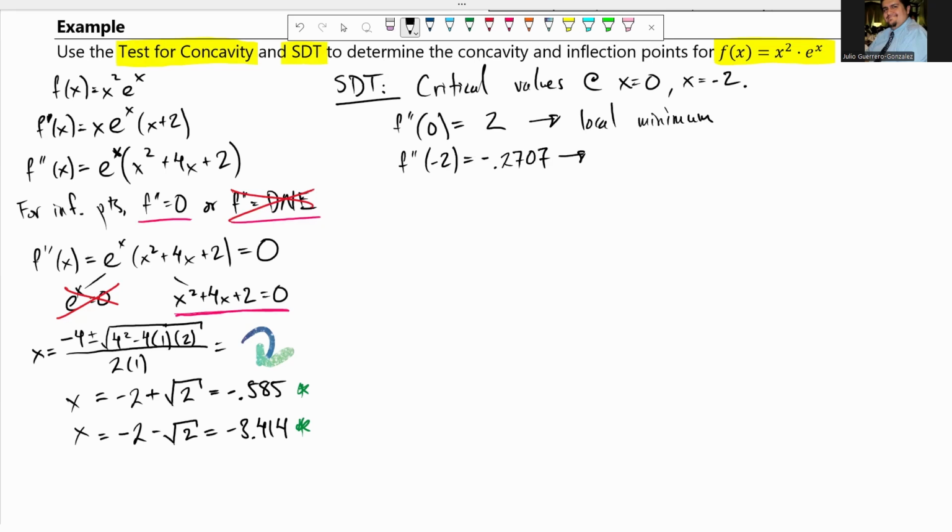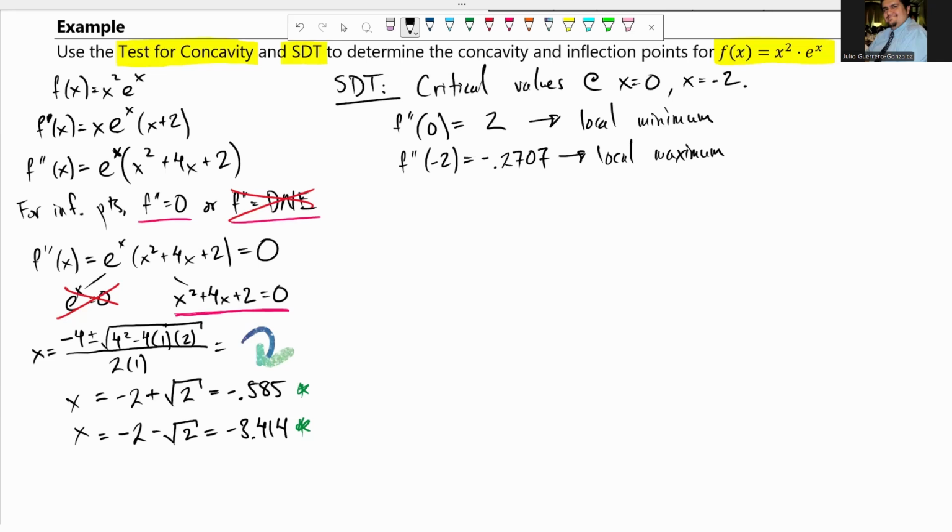If it's less than 0, we have a local maximum. It's the same result that we got from the first derivative test. It's a helpful thing sometimes, but usually if you went through the first derivative test, you already have this information. This is just repeating information you already have.